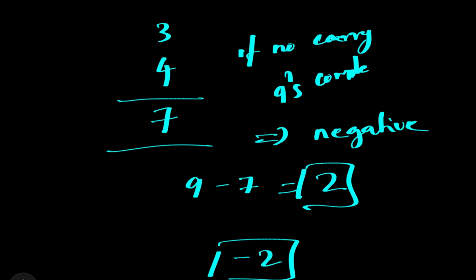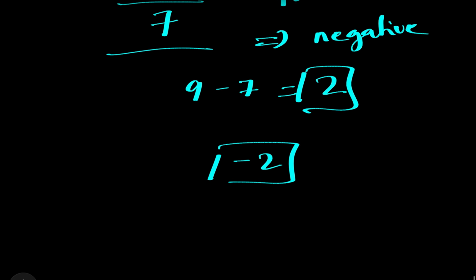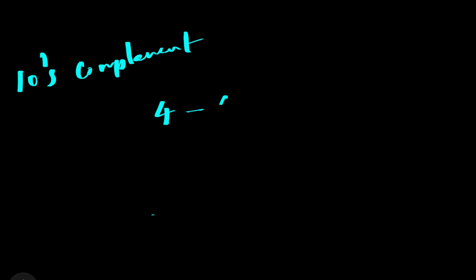Now this is how it works, right? It's interesting, right? The only thing is, be conscious to do it, right? And in the same way, if we go for the 10's complement, what do we have to do? We go for some other example. 4 minus 7, right?